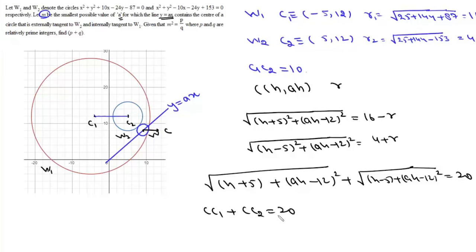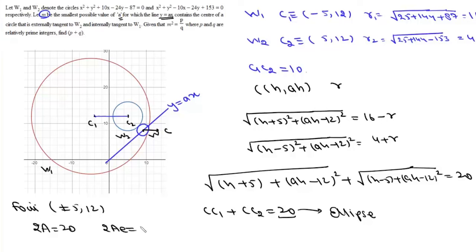So that means this point C will lie on an ellipse whose foci are at plus minus 5, 12, and this is equal to 2a, and we use capital A, so 2a equals 20, and the distance between centers, which is 10, is 2ae, so 2ae is 10.